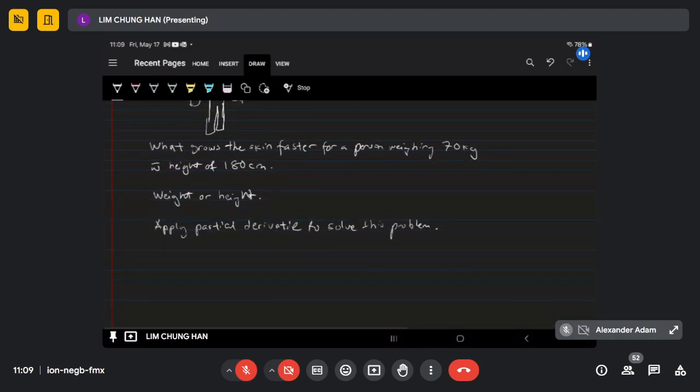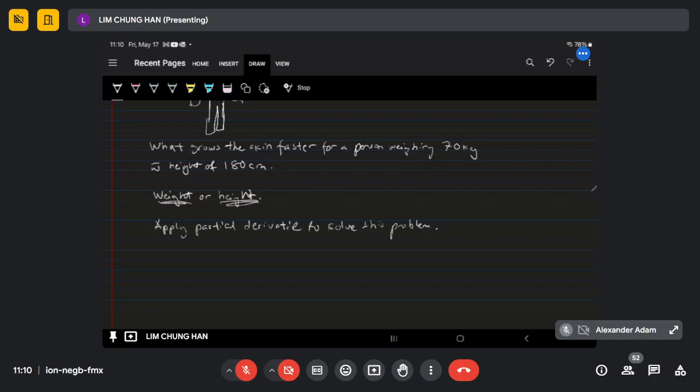So how exactly do you solve this problem? We have two variables here. One is the weight, one is the height. We want to see which one of these contributes more to the skin growth, the weight or the height?